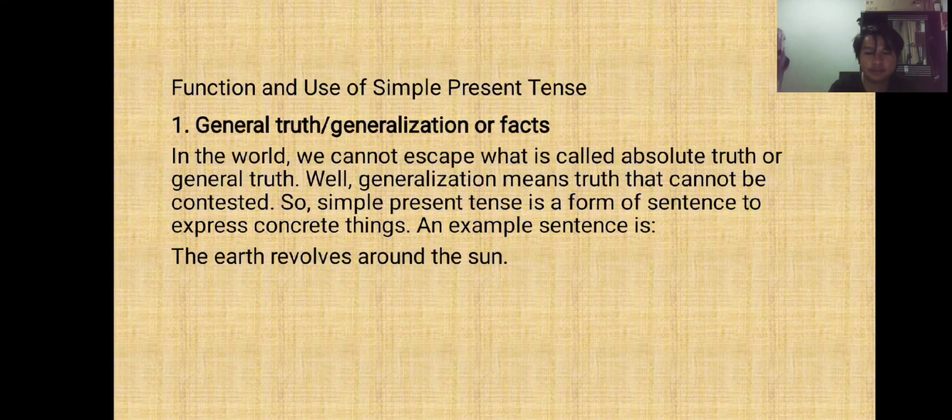Well, generalization means truth that cannot be contested. So simple present tense is a form of sentence to express concrete things. An example sentence is: the earth revolves around the sun.